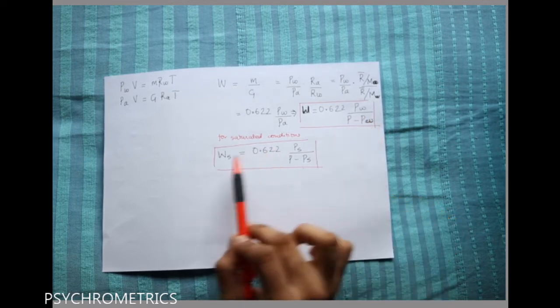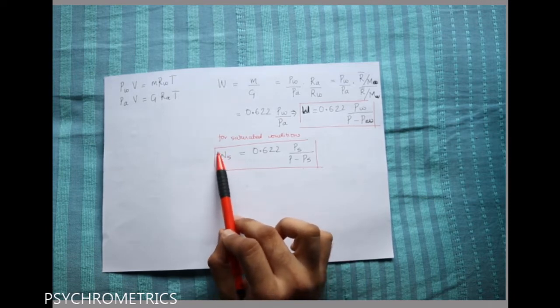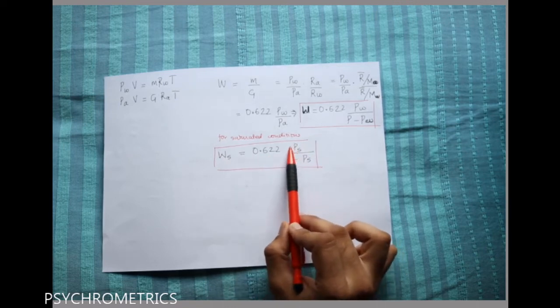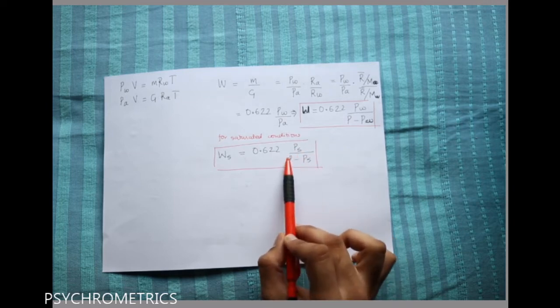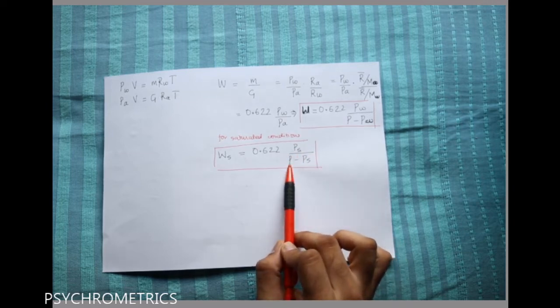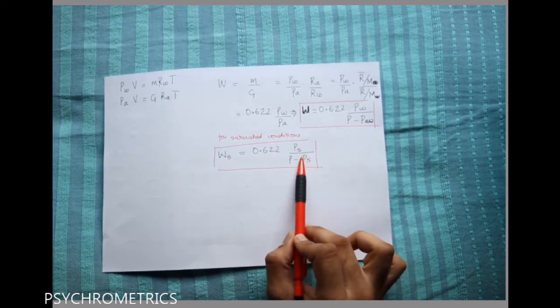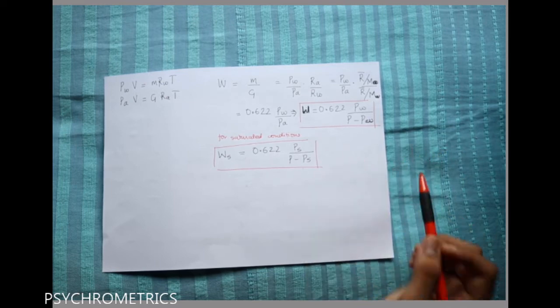So Ws, the specific humidity at saturated conditions, is equal to 0.622 into Ps, the saturation pressure of water at that temperature, divided by the net pressure of the mixture minus Ps.